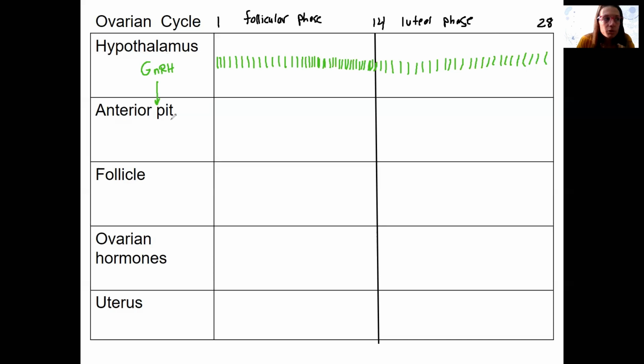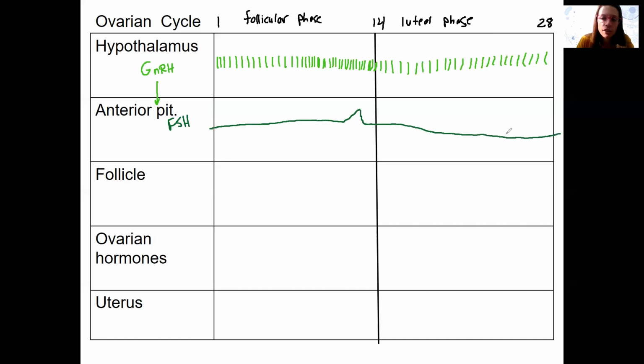There's 2 hormones produced by the anterior pituitary that we care about in this situation. FSH is follicle stimulating hormone. It's going to be fairly high throughout the follicular phase. It's actually going to be a little increase close to follicular maturation and then kind of down here.